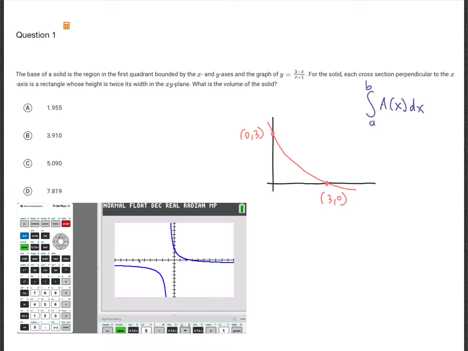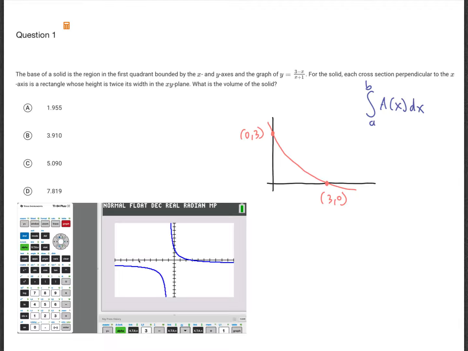We're just integrating this area function, and that area function is the area of a cross section. Okay, so think about this. Each cross section, this is the description that we'll use to find this area function, is perpendicular to the x-axis, so cross sections are vertical.